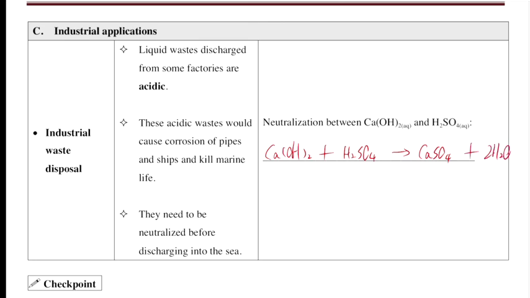Remember you need to balance it, and then write the state symbols. Here you can see the product is calcium sulfate, so we can easily filter it or let it settle down so that we do not let the waste into the environment easily.